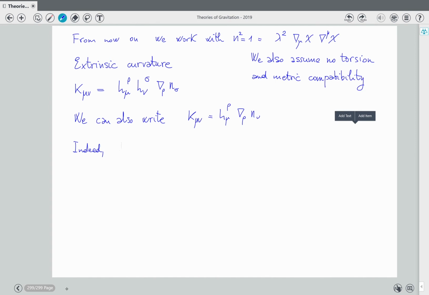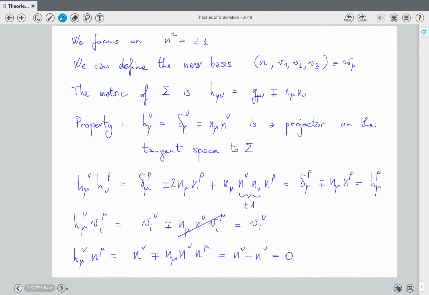Indeed, the first definition of K_{mu nu} can be written as follows, by replacing the second h with its definition, which is delta minus n n. We have to take n squared equal plus 1 now, so the upper sign, which means minus here.